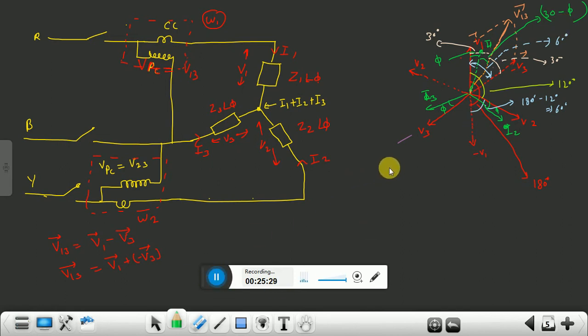In this case let V1, V2, V3 be the RMS values of phase voltage, and I1, I2, I3 be the RMS values of phase current.